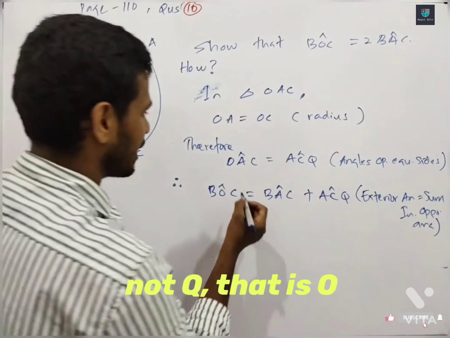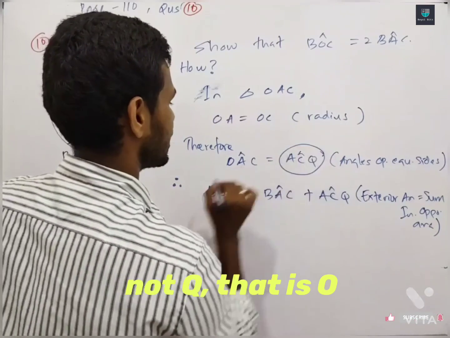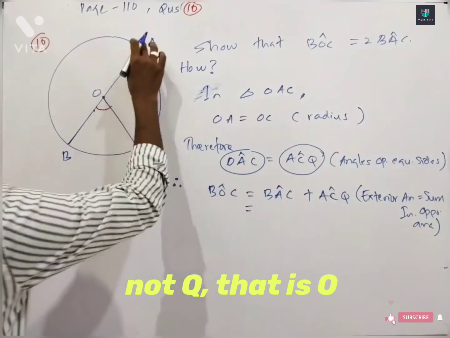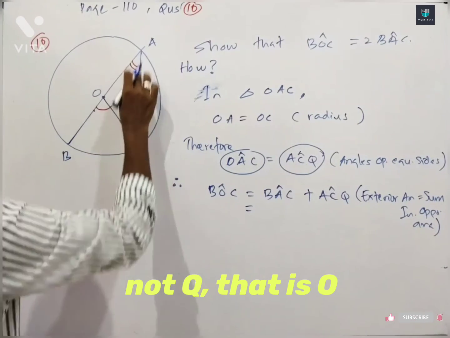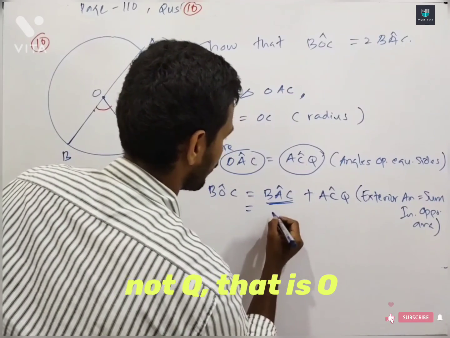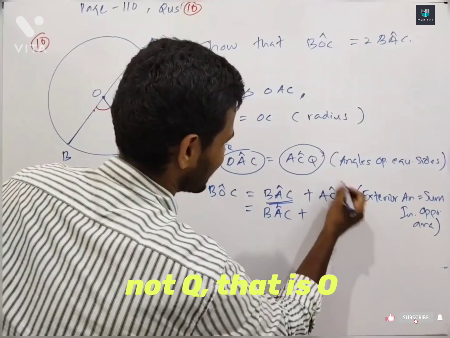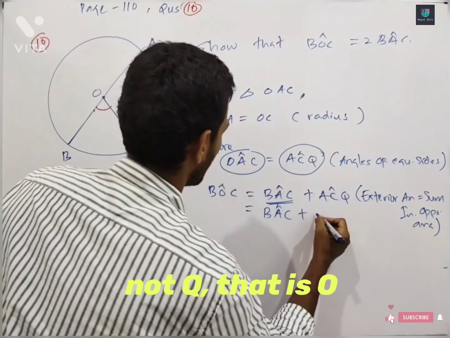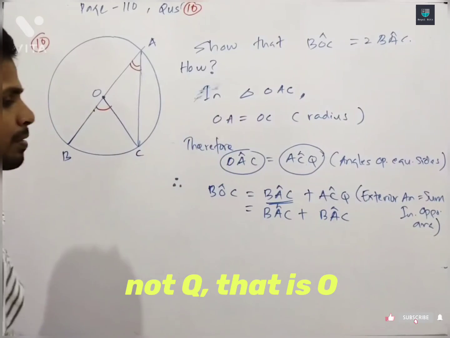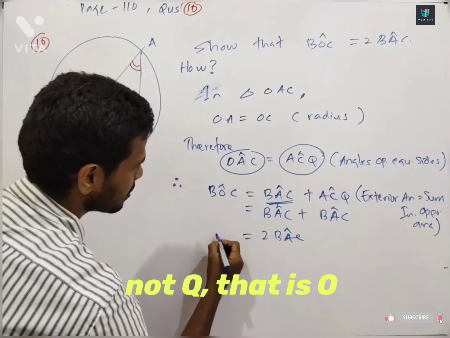So now we can represent that ACO is equal to OAC, and BAC. Okay. So now I can write BAC plus ACO, which can be written as BAC. So this is equal to 2 times BAC. Okay.